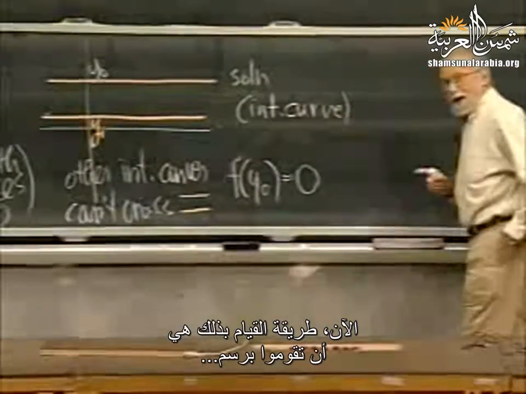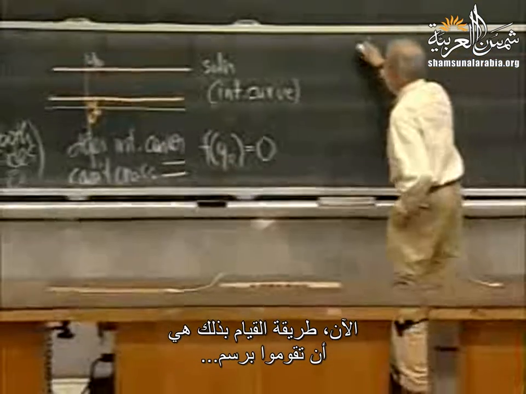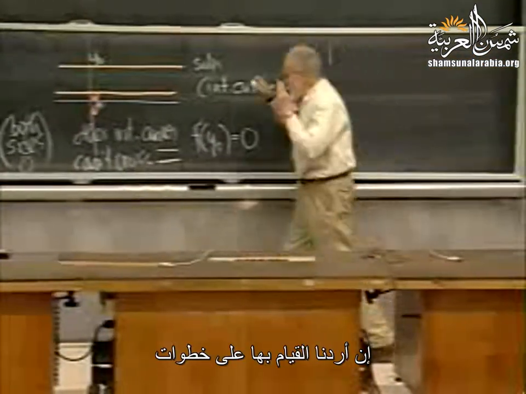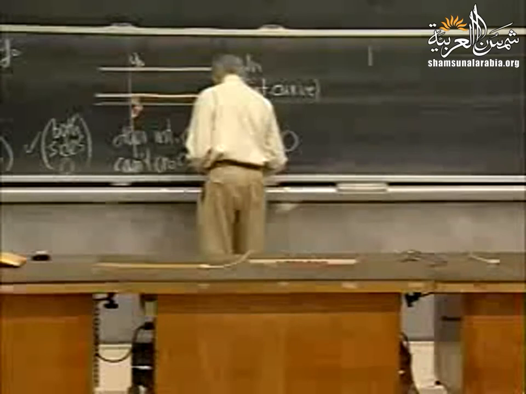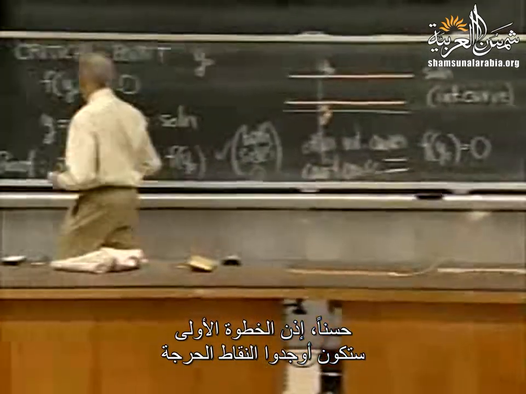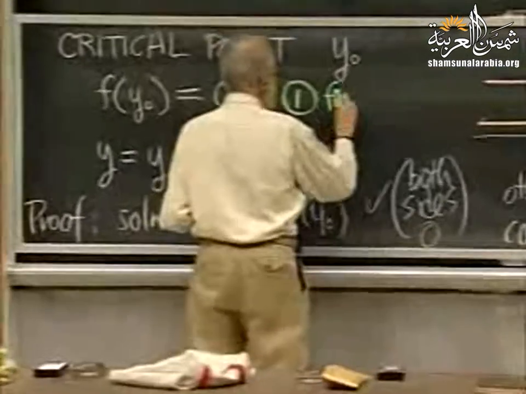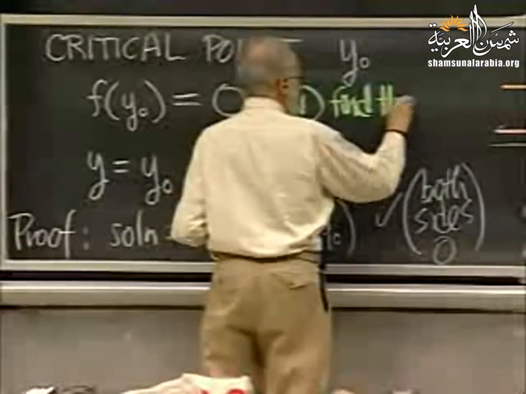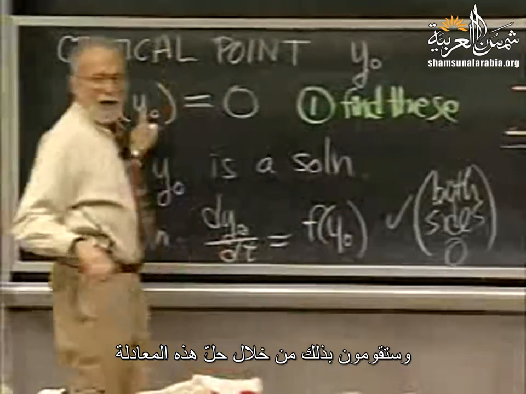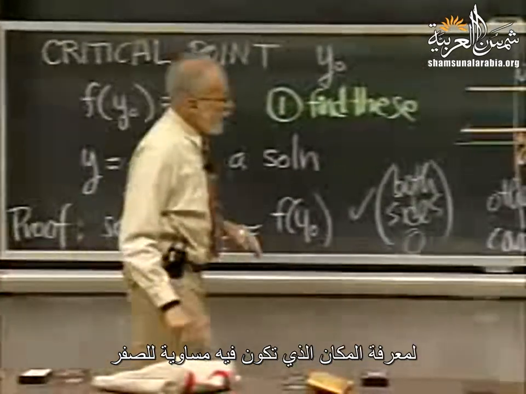Now, the way to do that is you draw. If we want to make steps, everybody likes steps, okay. So step one is going to be find the critical points, and you're going to do that by solving this equation, finding out where it's 0.